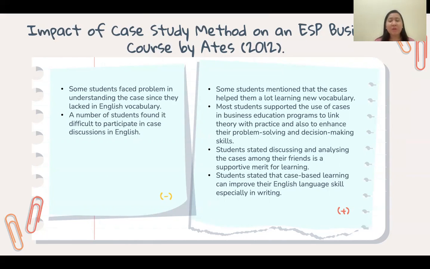And a number of students found it difficult to participate in case discussion in English. Because of the lack of vocabulary, it's very hard for them to communicate and share ideas in English with their friends, something like that.